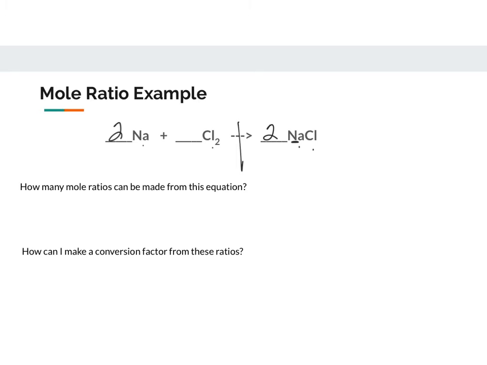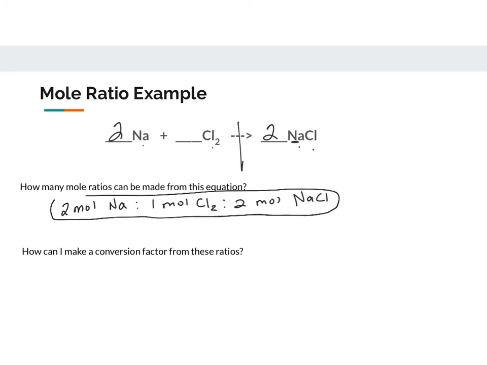We can talk about mole ratios. So this is saying how many mole ratios can be made from this equation. Okay, so just like the last problem, I can make this big, long ratio of all of the substances in my chemical equation here. But really what I want to do with mole ratios is compare the different substances or find all of the relationships that I can between the substances.